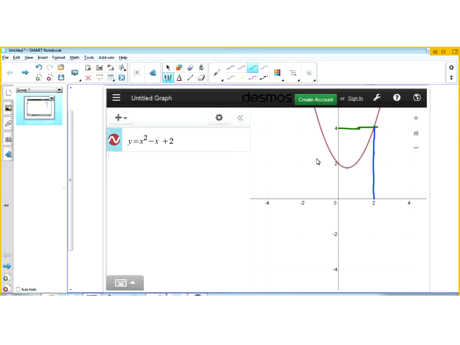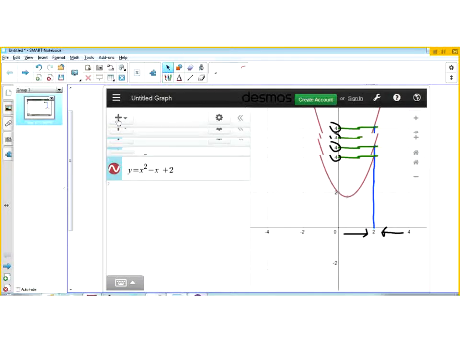We anticipate that as we approach 2 from values of x less than 2, the output would be 4. And by a similar strategy, as we approach 2 from x values bigger than 2, we anticipate the same output, which is 4.